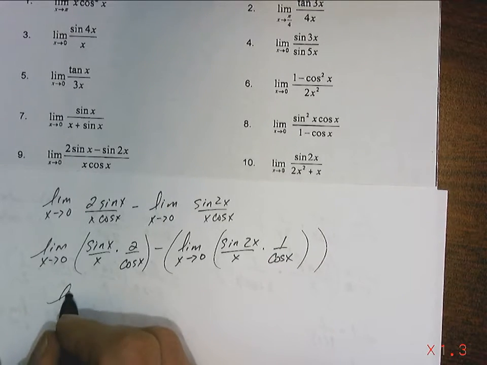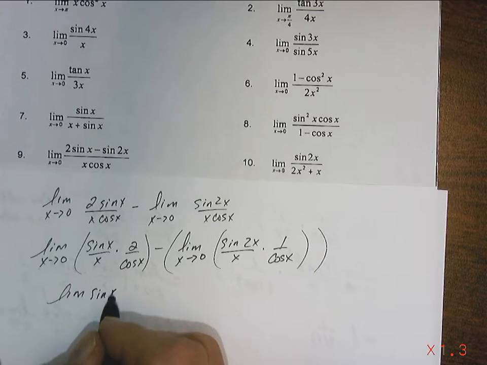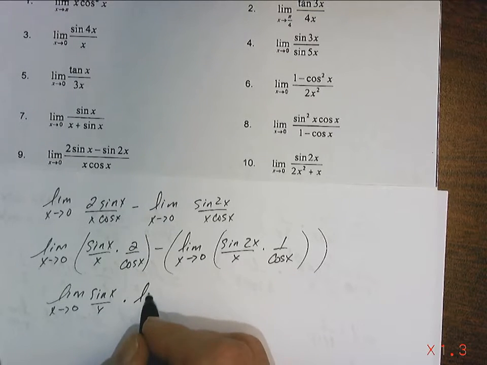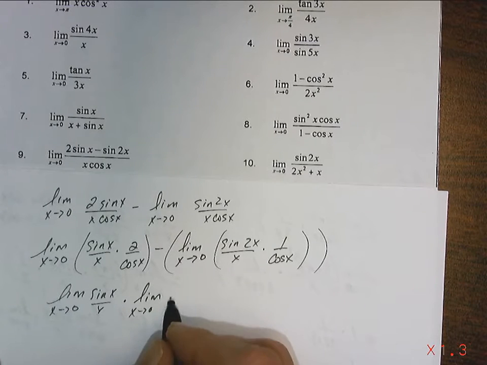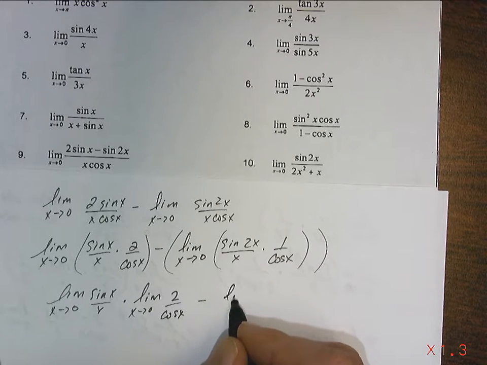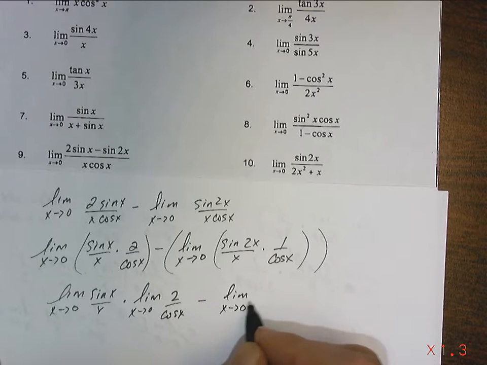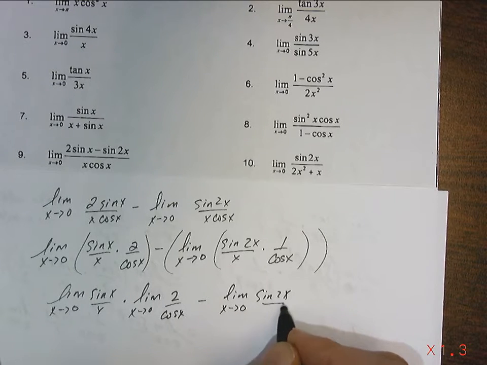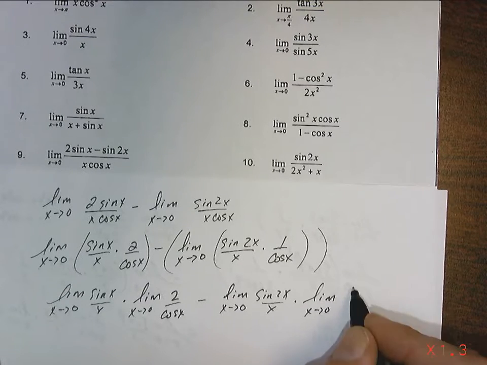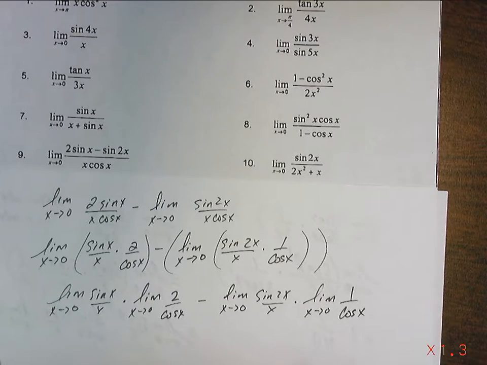So it's going to be the limit of sine x over x multiplied by the limit as x approaches 0 of 2 over cos x, minus the limit as x approaches 0 of sine 2x over x times the limit as x approaches 0 of 1 over cos x.